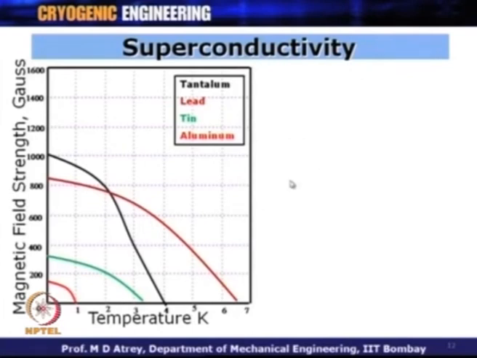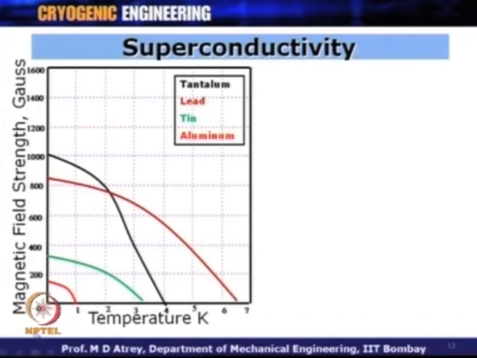Now, here you understand how the material behaves at low temperature and how the relation for different materials with respect to the magnetic field and the temperature is shown in this figure. What you can see is that on the y-axis you have the magnetic field strength, and on the x-axis you have temperature, for different materials like tantalum, lead, tin and aluminum. If you see it for lead, for example, at no magnetic field, the Tc is around 6.5.